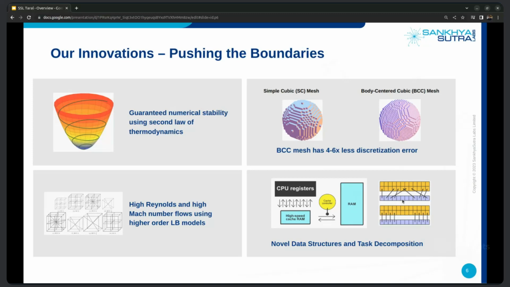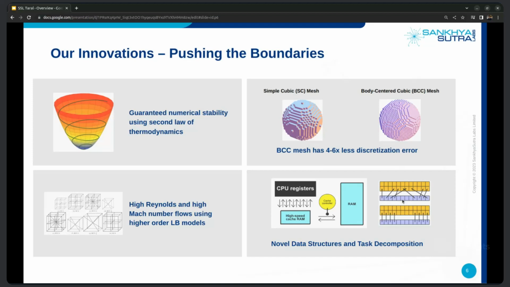You can see an example of that in the top right here with the two images of the discretization of a sphere. Instead of replacing each simple cubic cell with a body-centered cell, we use a multi-grid approach, which basically means that we take the grid of simple cubic cells and shift it by a specific amount so that we get the BCC points.